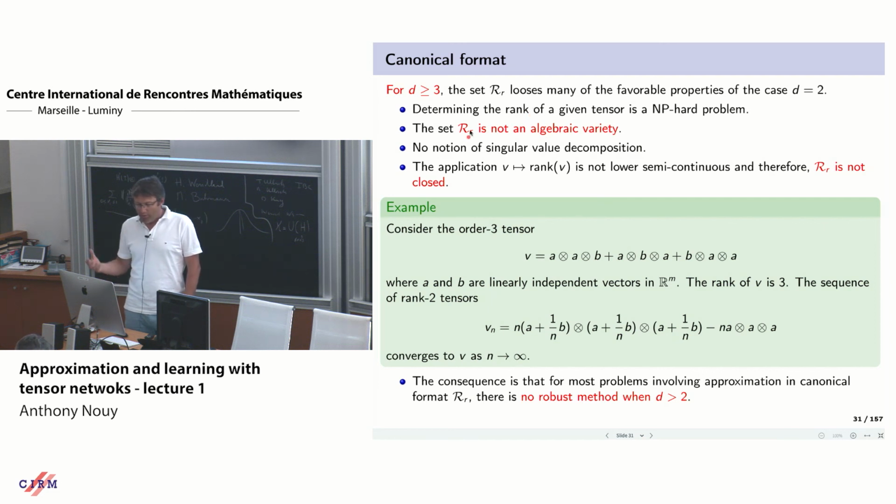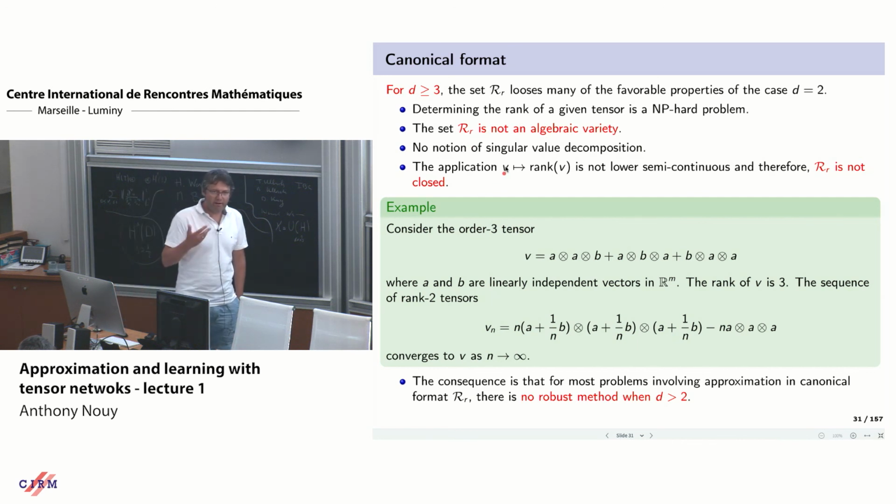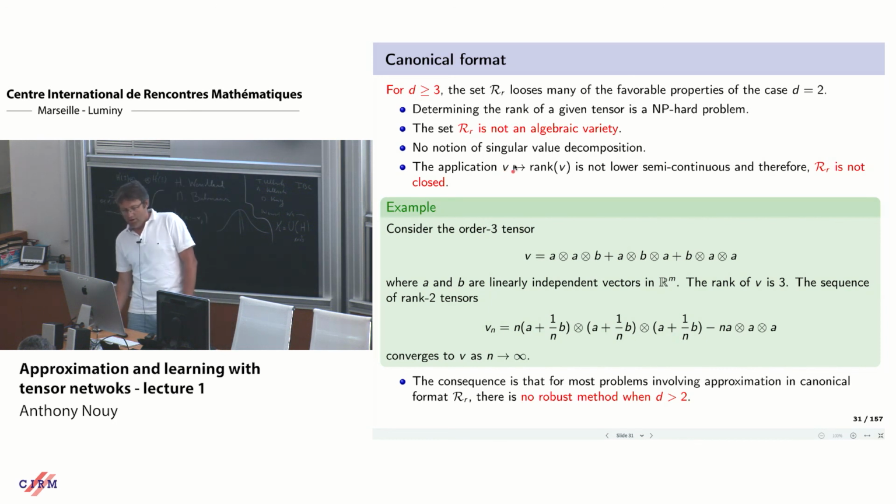Also, from the geometrical point of view, you don't have the nice properties of before. We know that this set is not an algebraic variety. You have no notion of singular value decomposition related to this notion of rank. Maybe more dramatic from the numerical point of view is that the map which associates to v its rank is not lower semi-continuous. So the set here is not closed.